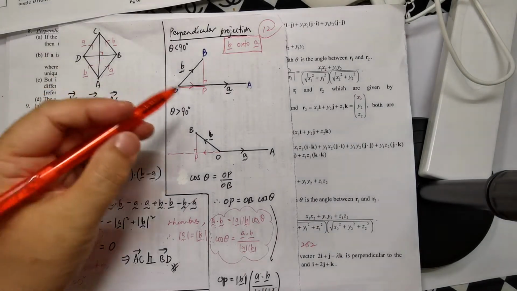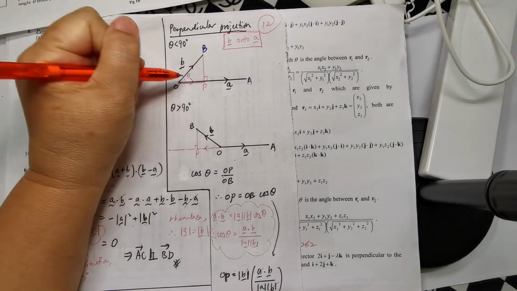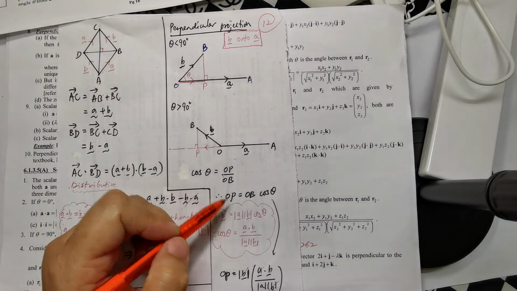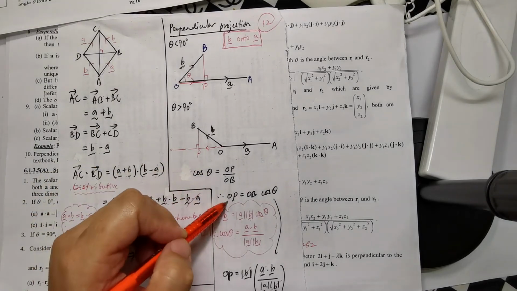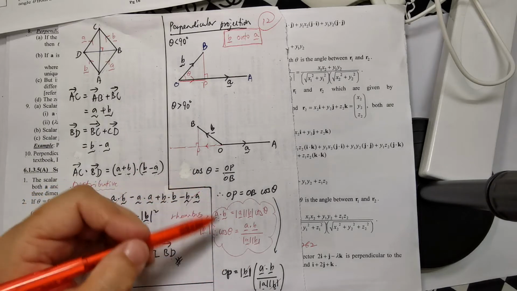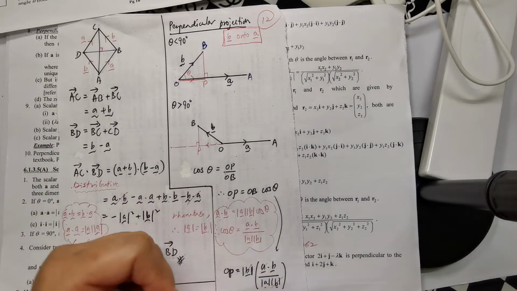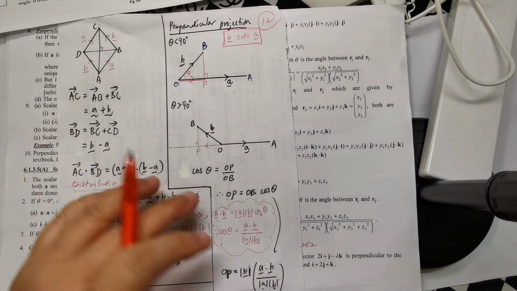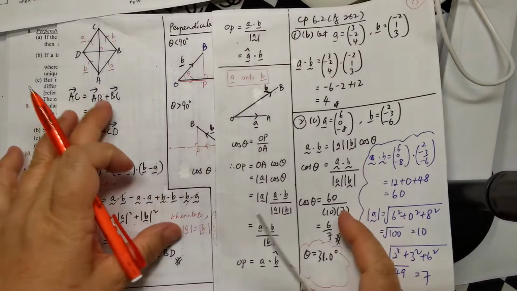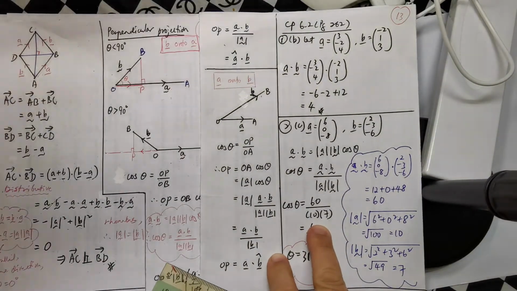By using cos theta, cos theta is OP over OB. Therefore, shift this here, OP is OB cos theta. OB is modulus B, and for cos theta, we sub in this formula. After we simplify, you get this.